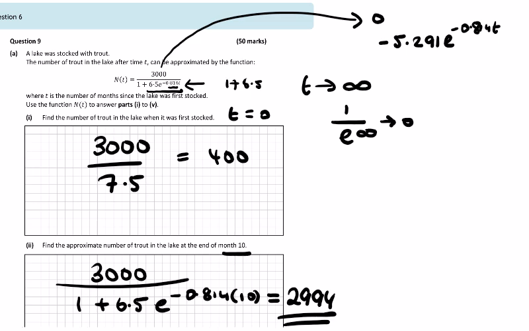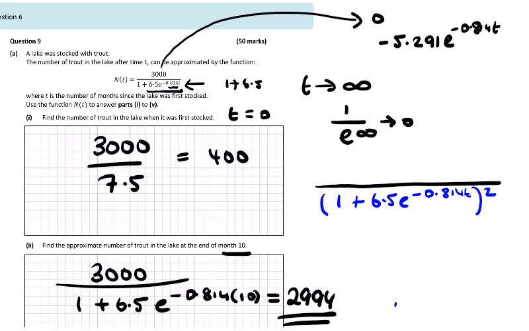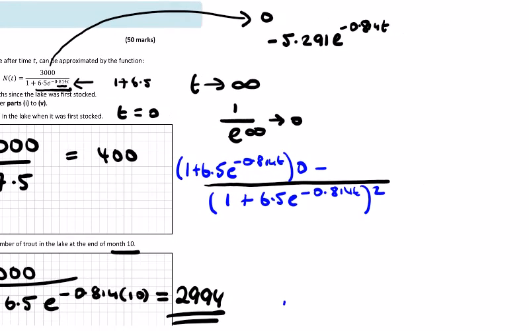If we follow our quotient rule, we're going to have on the bottom 1 plus 6.5 e to the power minus 0.814t, squared. We never have to multiply it out. Then on top we have the bottom, 1 plus 6.5 e to the power minus 0.814t, by the top differentiated, which is 0, minus the top by the bottom differentiated, which we have as minus 5.291 e to the power of minus 0.814t.